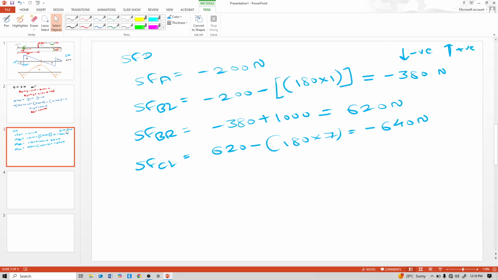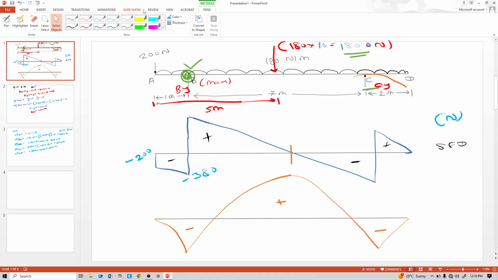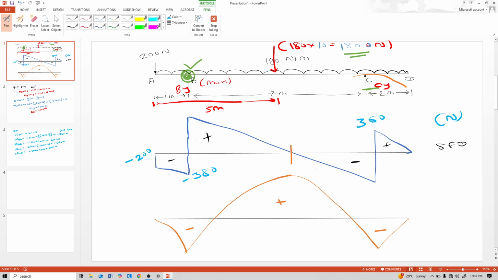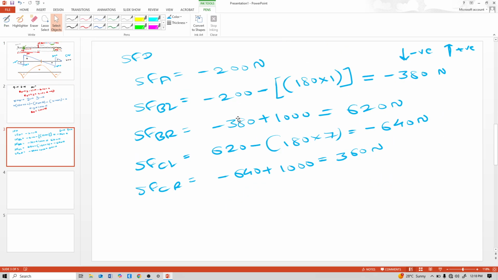So minus 640 plus 1000, so it is 360 Newton positive. Here it is 360. Here minus 640. Point B, right, 620.